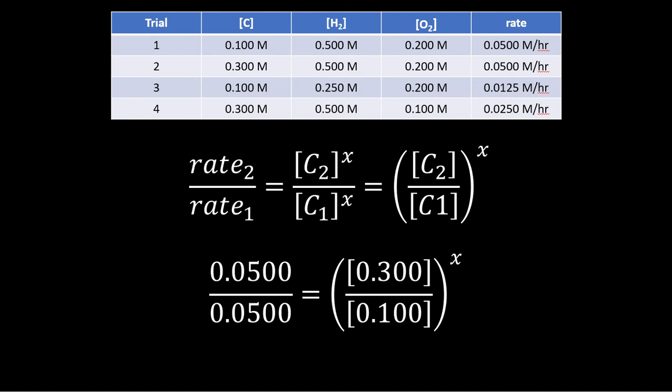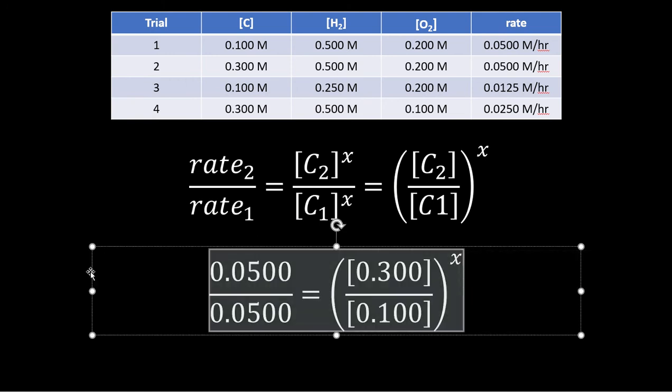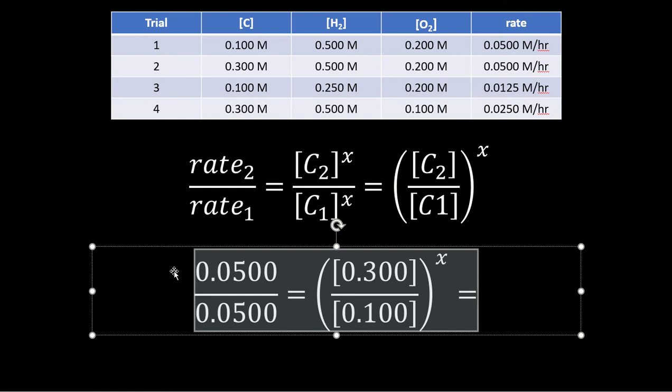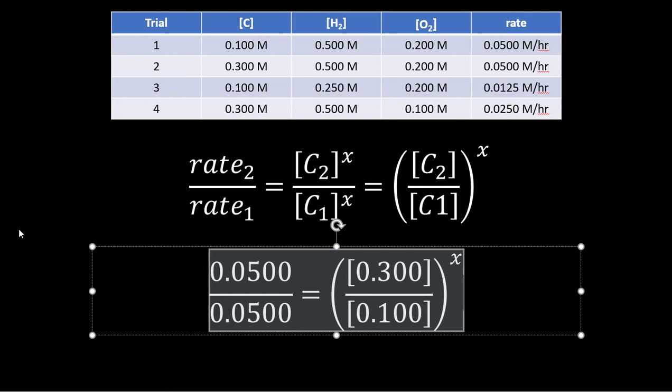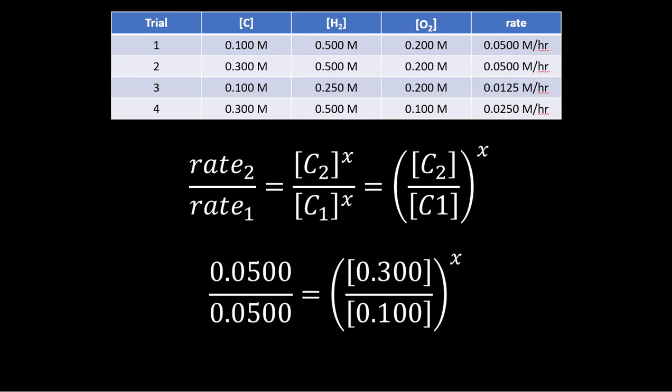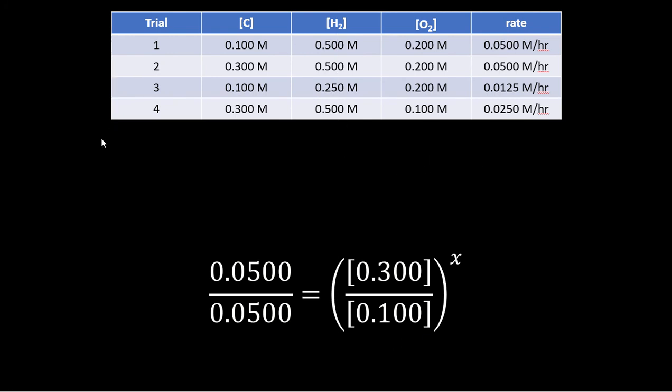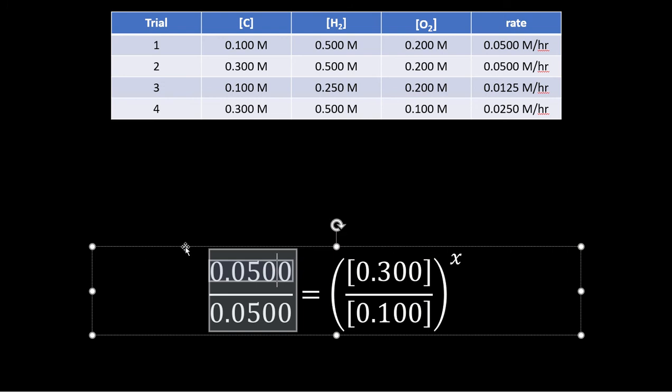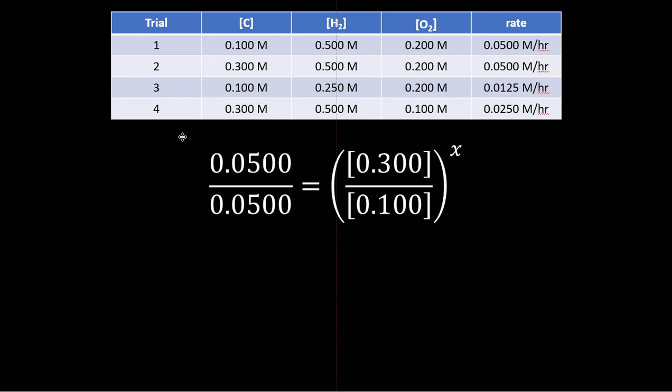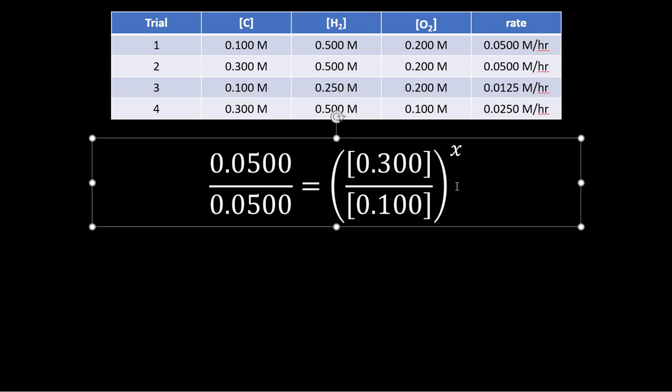So effectively, we have 0.0500 divided by itself, which is just going to equal 1.